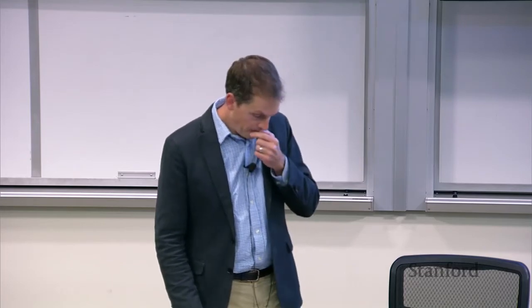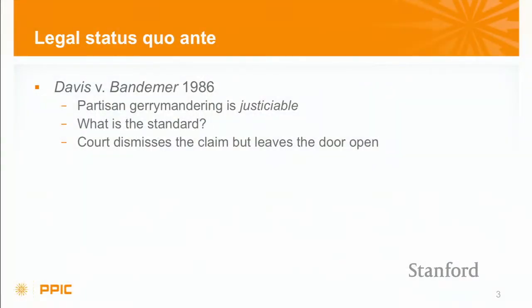So the Supreme Court first got involved in partisan gerrymandering with a case called Davis v. Bandemer in 1986. This is where, for the first time, the court decided that, in principle, a partisan gerrymander is justiciable, which means it's a question that the court can make a decision about.